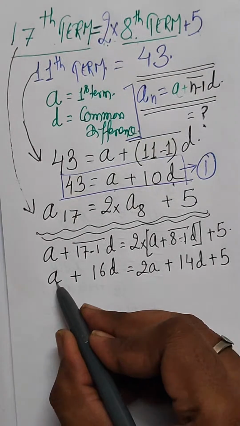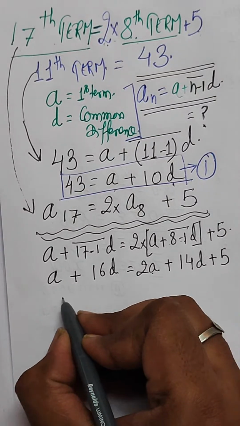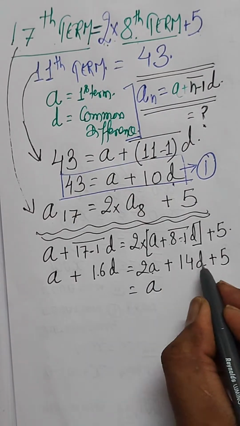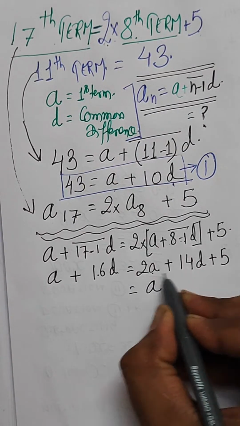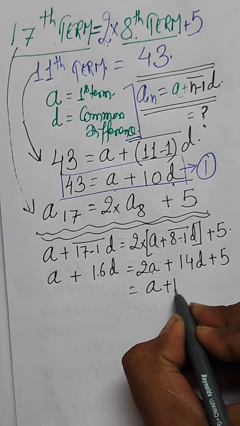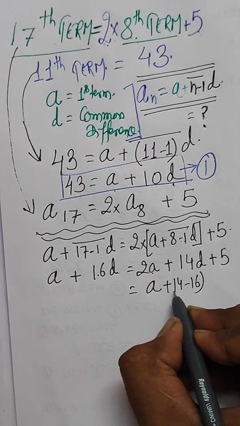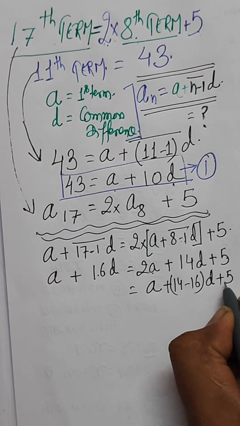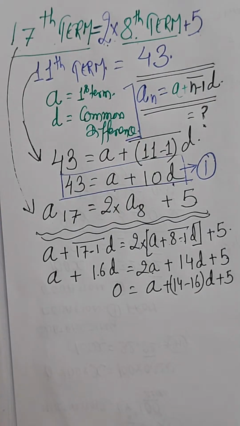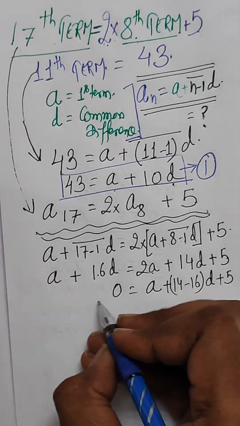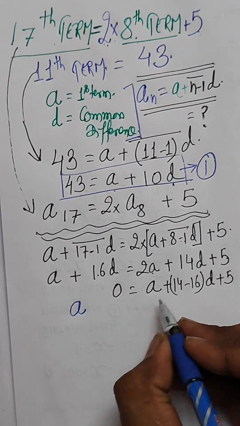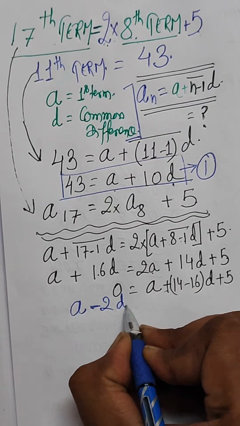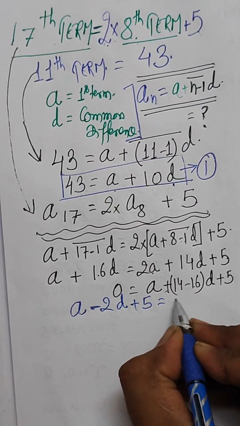Now A will be going to the RHS, so this will be A, and 16D going to the RHS, this will be 14 minus 16, so plus 14 minus 16 D and plus 5, and here it's equal to 0. So this will give you the other equation: A plus, 14 minus 16 is minus 2, so A minus 2D plus 5 equal to 0.